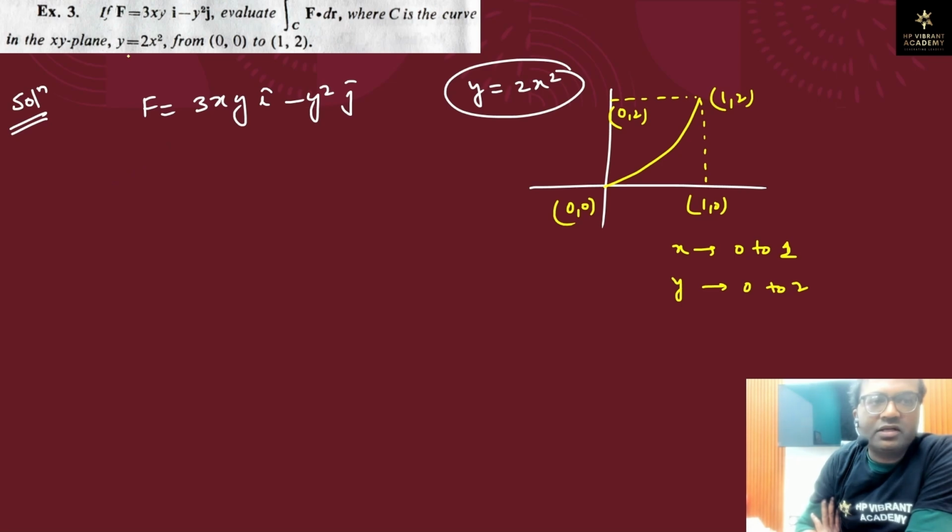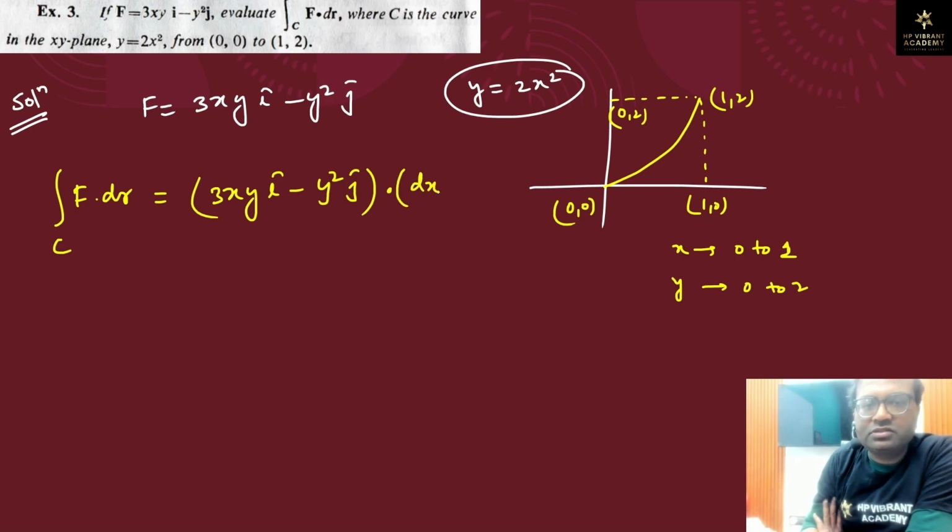Okay, so we can directly put y is equal to 2x square, or we can convert this into parametric form. Okay, so let us use method 1, that is directly we can find f dot dr. So f dot dr along the curve c is equal to 3xy i cap minus y square j cap into dr. So dr we can write as dx i cap plus dy j cap.